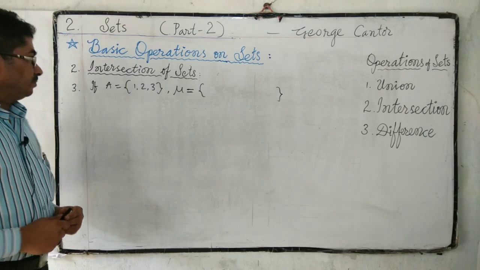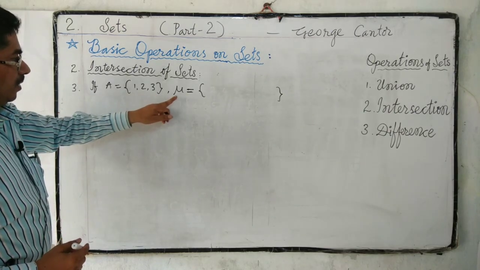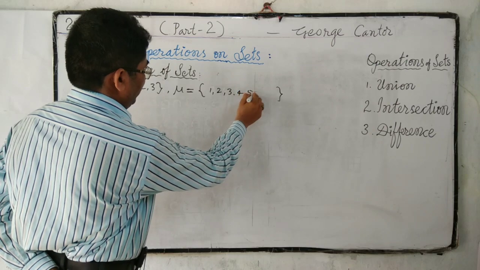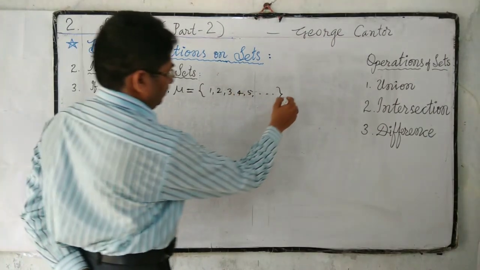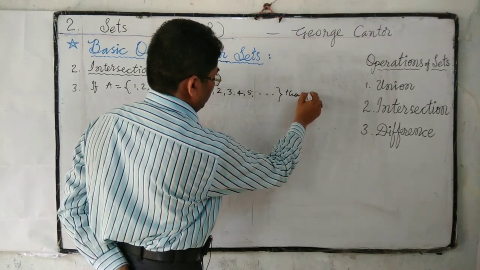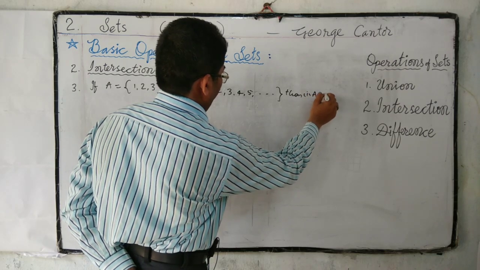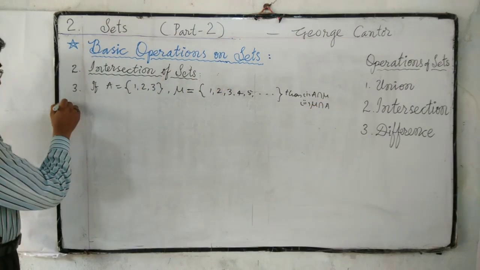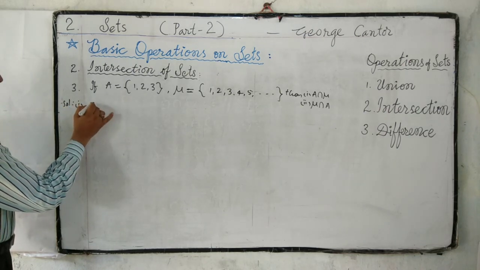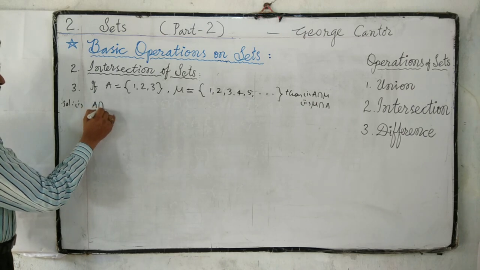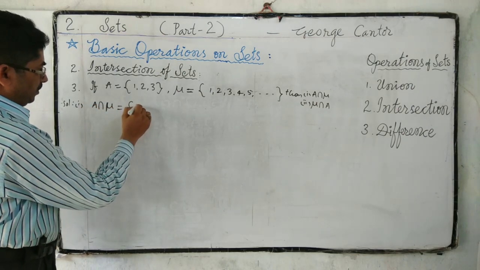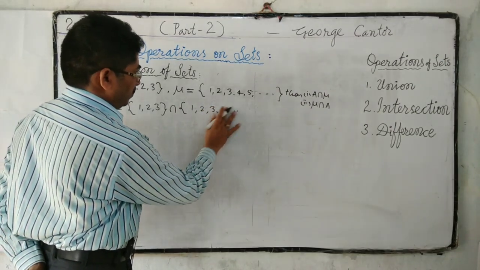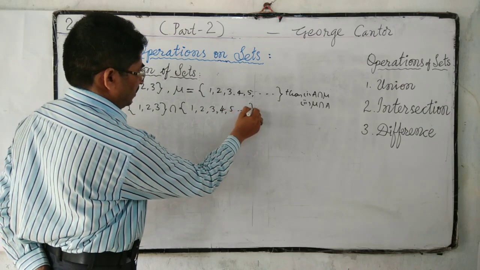Let us see one more example. If A is equal to the set of 1, 2, 3 and mu is equal to the set of 1, 2, 3, 4, 5 and so on, then find A intersection mu and mu intersection A. First, A intersection mu: A is 1, 2, 3, mu is 1, 2, 3, 4, 5 and so on.